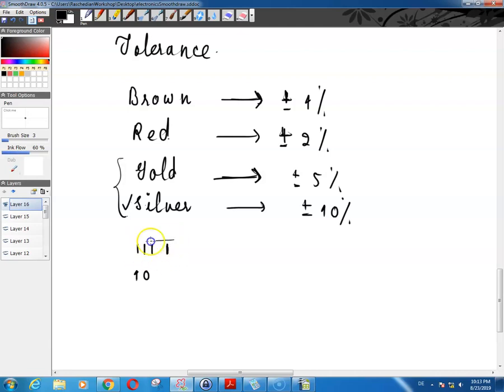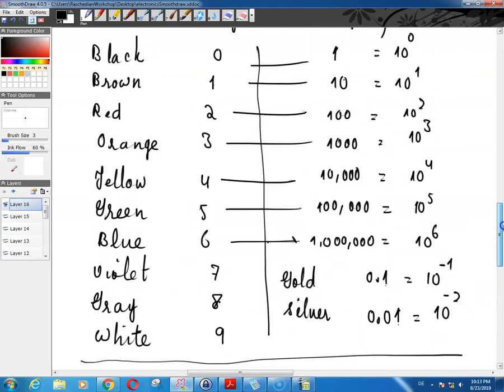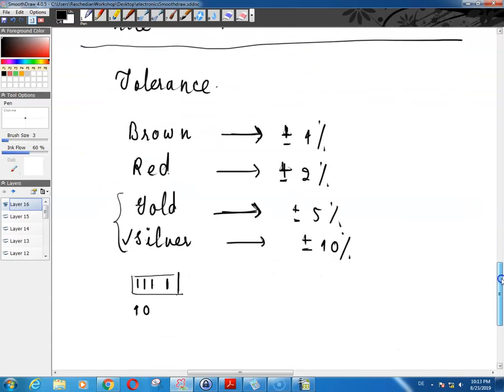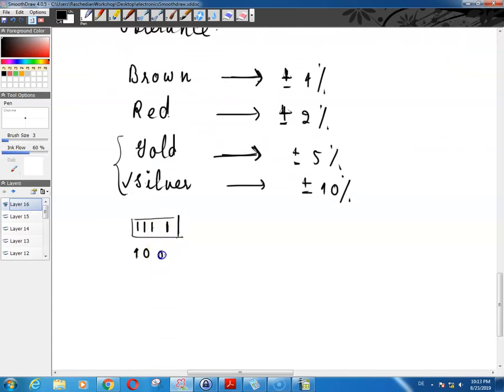The first two would be the significant figures, 1 and 0, and then you have to multiply by 100. So you need 100 over here, which is a red, right? Which is a red. So 1000.